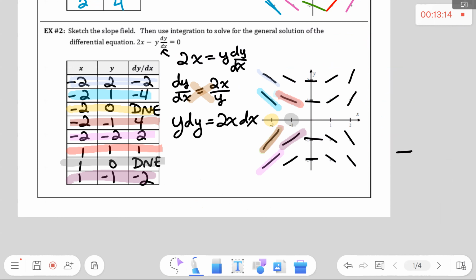What does y turn into? It'd be y squared divided by 2, equals x squared, plus c.